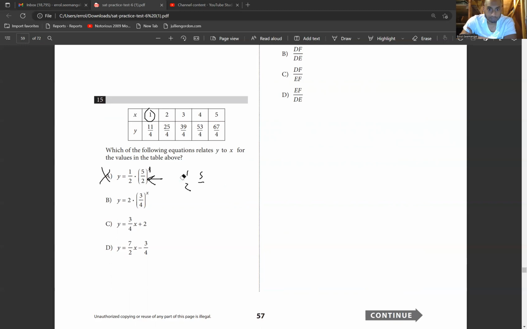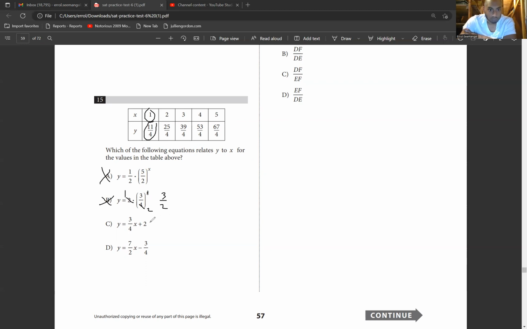B, if you plug in x equals 1 right there, what is that? That'll be what? 6/4, which is what? 3/2? So it's not that one. I'm just trying to get to the 11/4 using the 1.